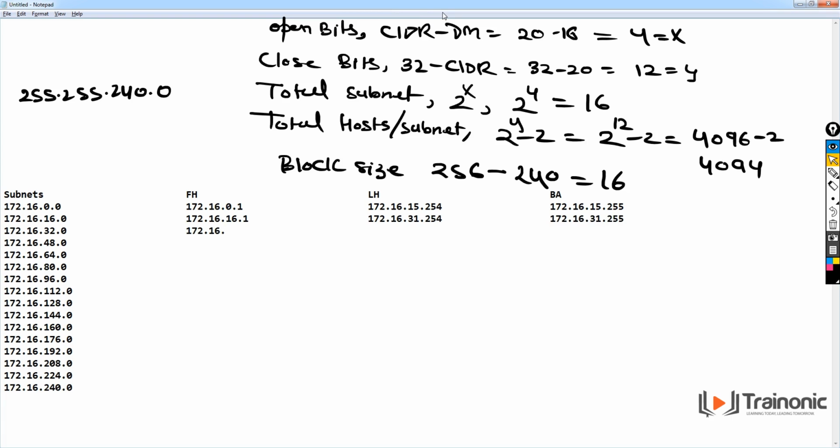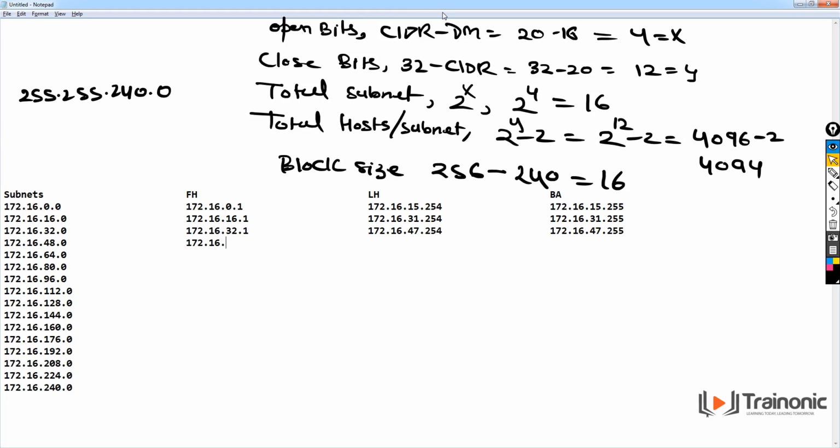Next will be 32.1, then last will be 47.254 and 47.255.